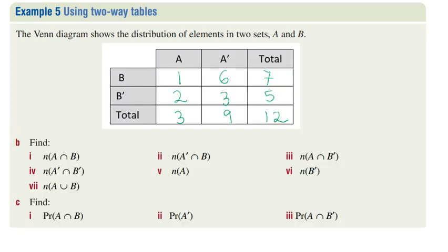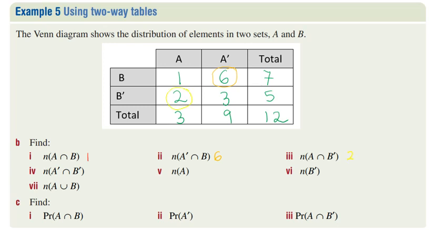The textbook then asks us to find a bunch of things. I'll quickly whiz through them. So the first one is A and B, which is 1. Then we've got not A and B, which is this here, which is 6. Then we've got A and not B. A and not B is 2.